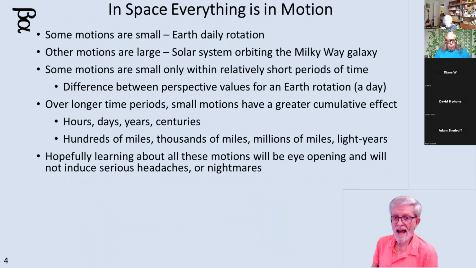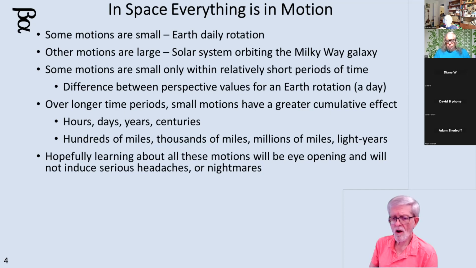So as I was saying, in space, everything's in motion. Some motions are small, like daily rotation. Other motions are very large, like the solar system orbiting the Milky Way galaxy. Some motions are only small when you look at them over a very short period of time. You look up in the sky and you see the moon, and then you come back half an hour later and go, yep, the moon's moved, but not very much.